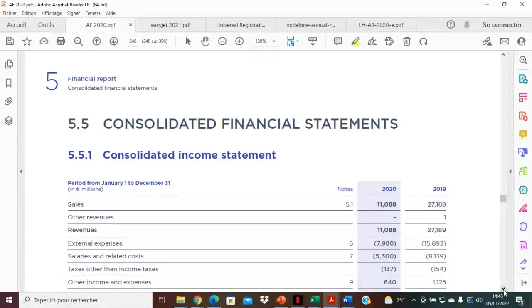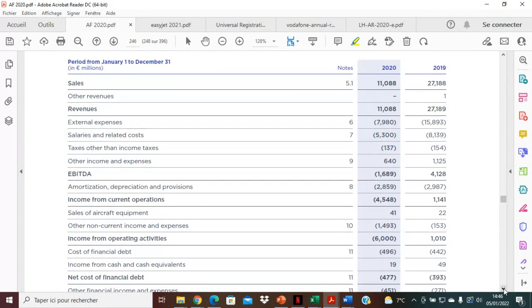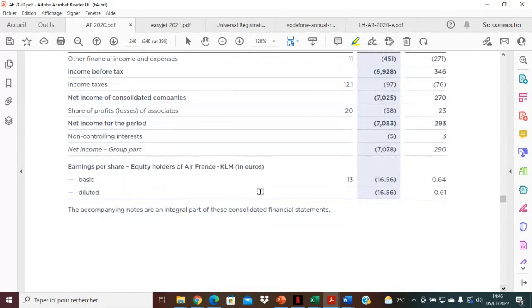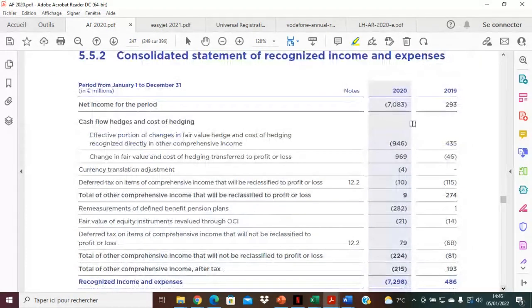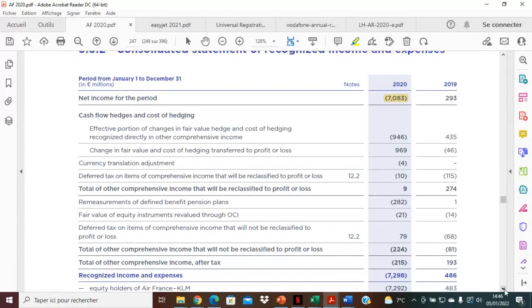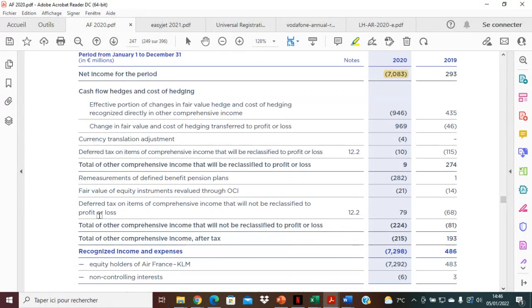Well, indeed, on 246 we have the income statement. And if I look at the income statement, indeed, it ends with net income, net profit of the period. And then on the following page, I have again the profit here, and then I have some other items, and they are all making up other comprehensive income.